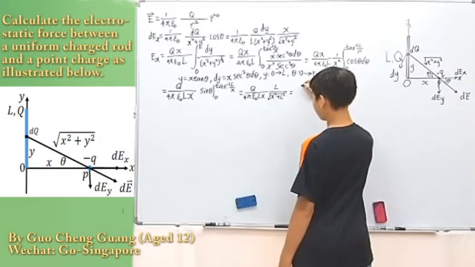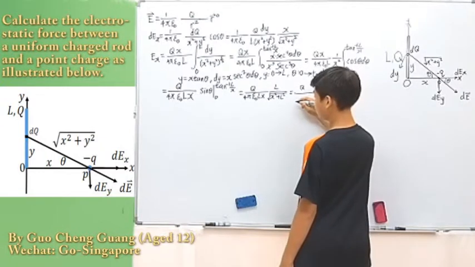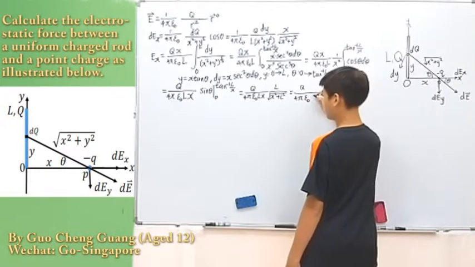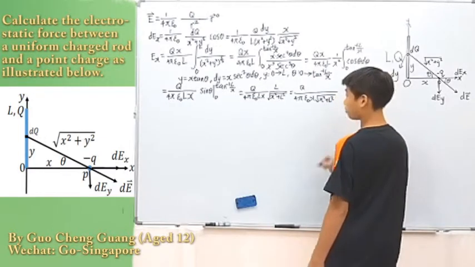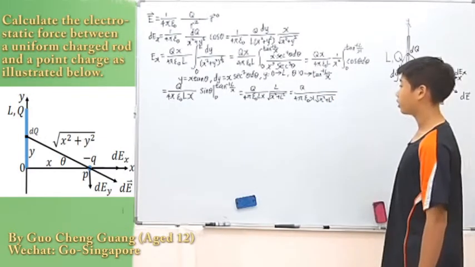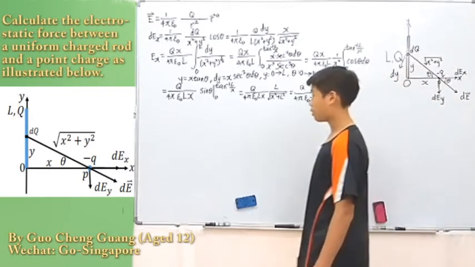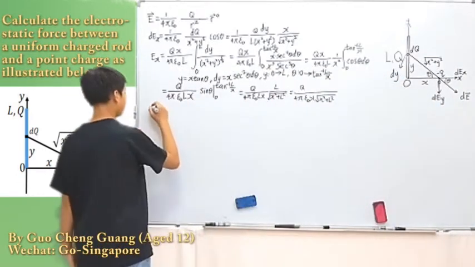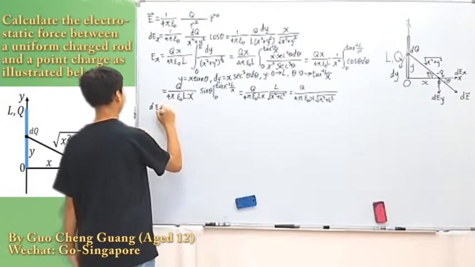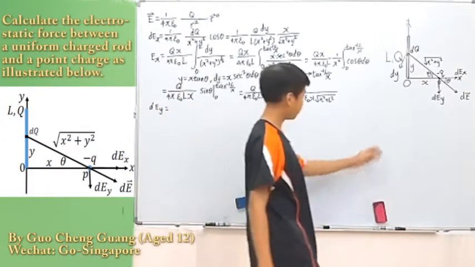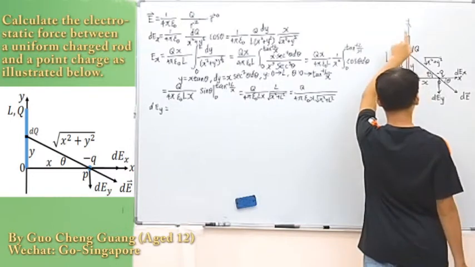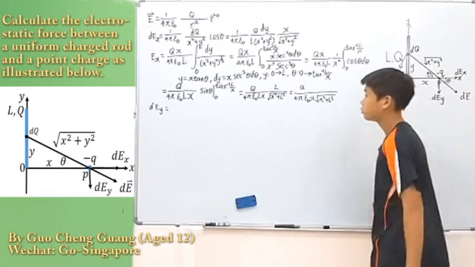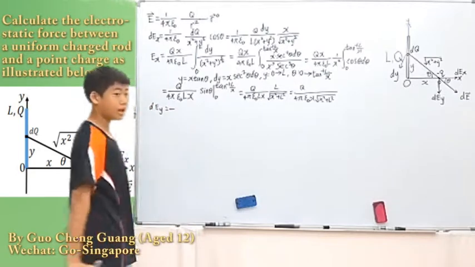So you have Q over 4 pi epsilon naught x square root of (x squared plus L squared). This is the part I'm going to have for Ex. Another part will be dEy. For Ey that you find over here, it is in the opposite direction from the actual y, so it goes down, so you have a negative first.